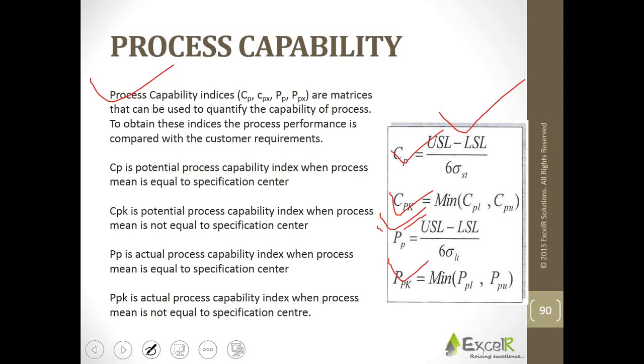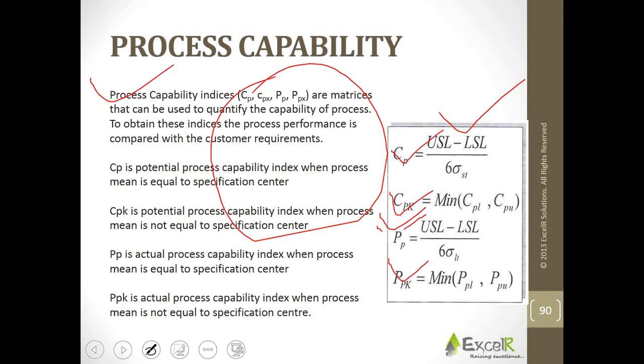Your customer requirements are USL and LSL. What is CP? What is CPK? What is PP? And what is PPK? CP is potential process capability index when process mean is equal to specification center.